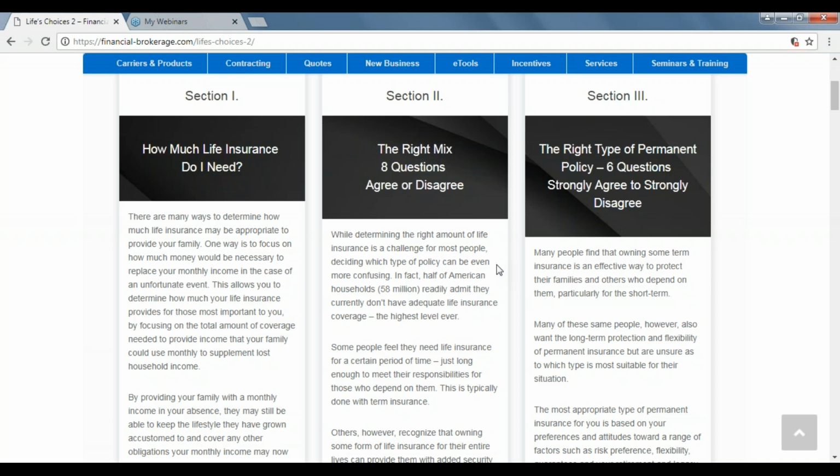We've got this divided up into three main parts. Section one is where we really need to start, because we don't know how much should be term, how much should be permanent, if we don't know how much a person should have in the first place. You can get to these numbers from other resources. Everyone has their own needs analysis that they like to use.